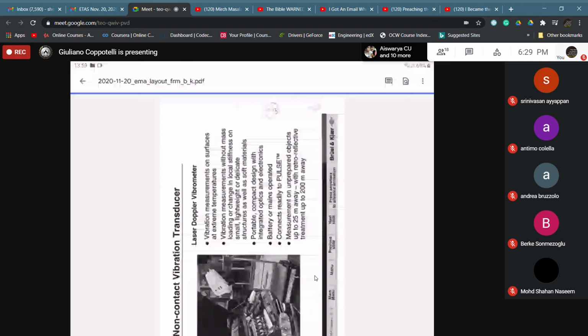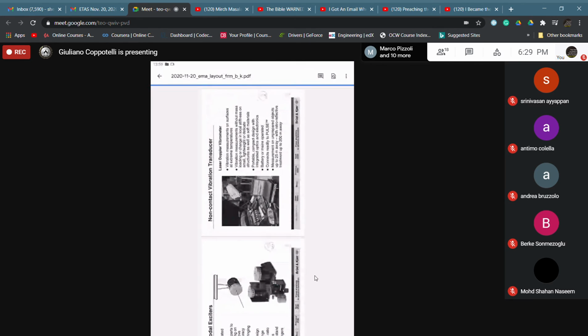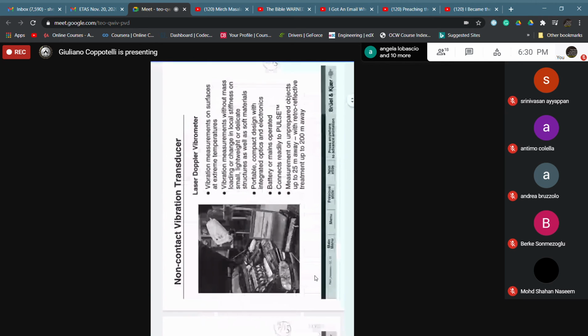So before closing the class, let me show you a very brief overview of some other excitation types. One of them is referring to the laser Doppler vibrometer. As you can see, this laser Doppler vibrometer is a non-contact.